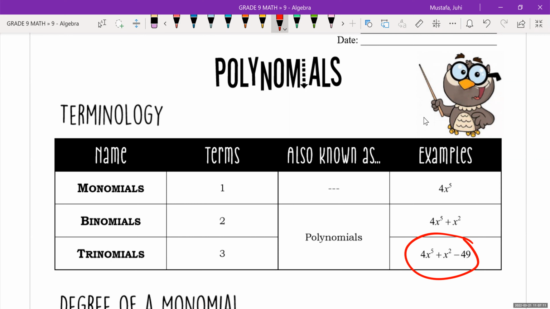Now, these are all monomials. What happens if you have the degree of a polynomial? So like a binomial, a trinomial, or something with more than 3 terms. You're going to figure out the degrees of each term individually and compare them. And whatever is the highest degree, that's the one that wins. So for example, in the first one, we have 6x squared plus 3x to the power of 1. Just like before, let's highlight all of the exponents.